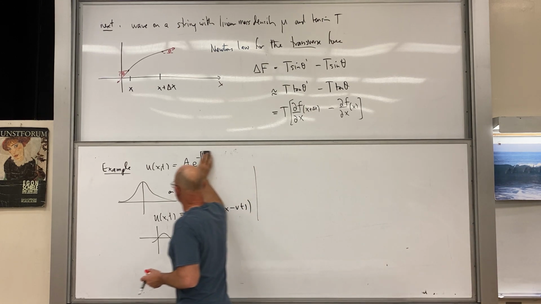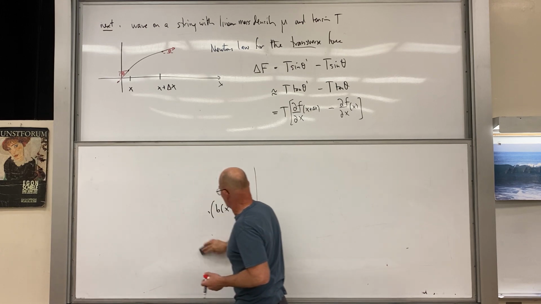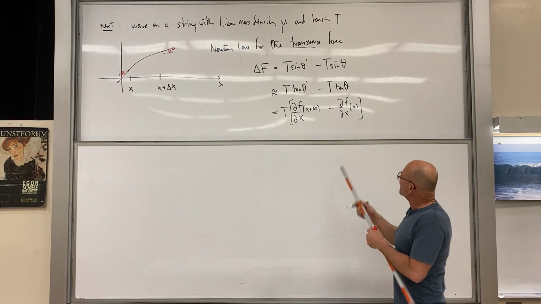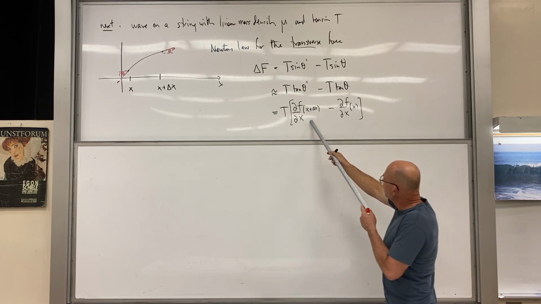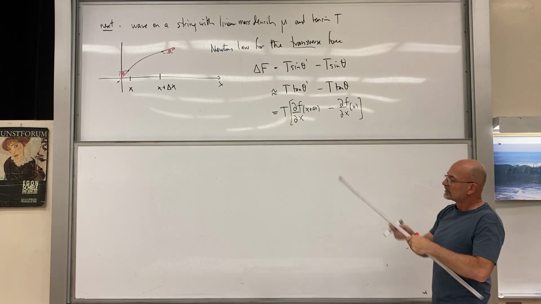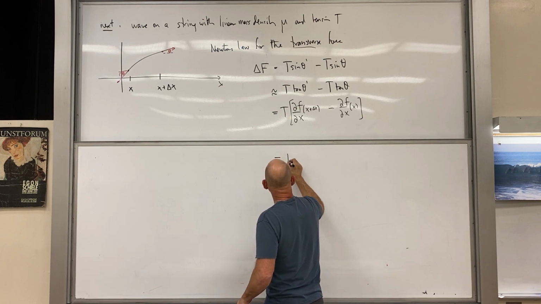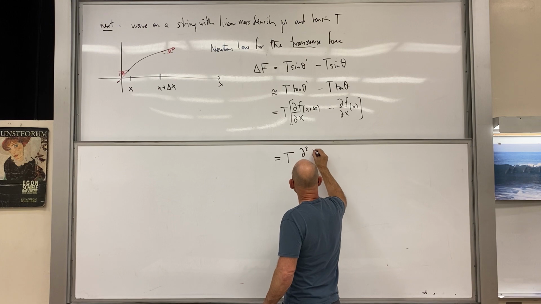Okay, we can get rid of that too. Okay, so this thing approximates a second partial derivative. So I'm going to continue that right now. So we've got T d squared f dx squared.